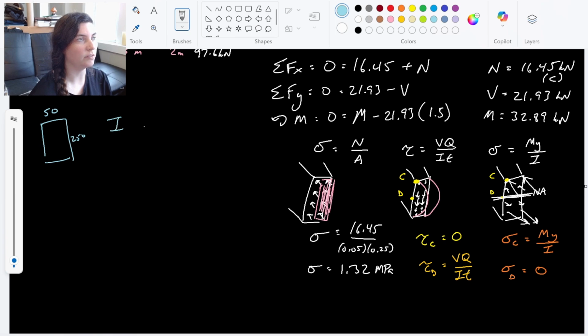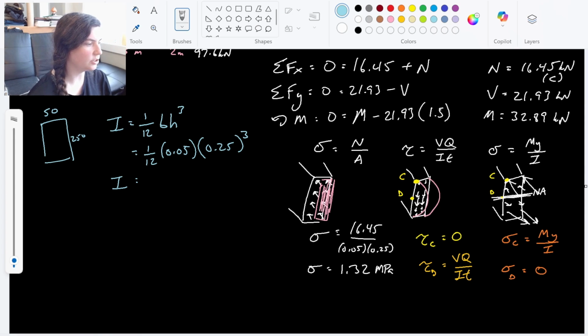So the moment of inertia for a rectangle, since he's just a basic rectangle, nothing composite, nothing weird about him, is 1/12 base times height cubed. So 1/12, 0.05, that's just converting into meters, and then convert the 250 over 0.25 meters cubed.